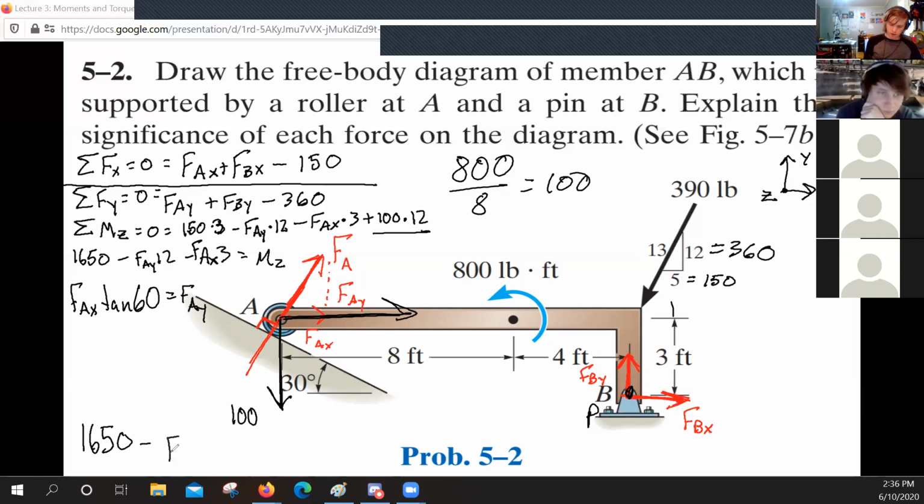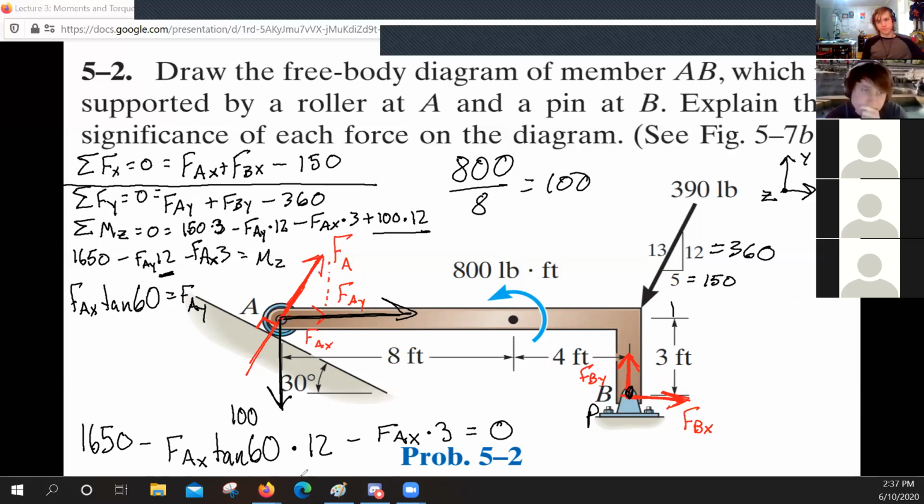So we have FAX tangent 60, and then all of that times 12 because of this 12 up here, minus FAX times 3, and all of that equals 0. And now we only have one variable in this equation because those are the same thing. So we're going to go ahead and do it.